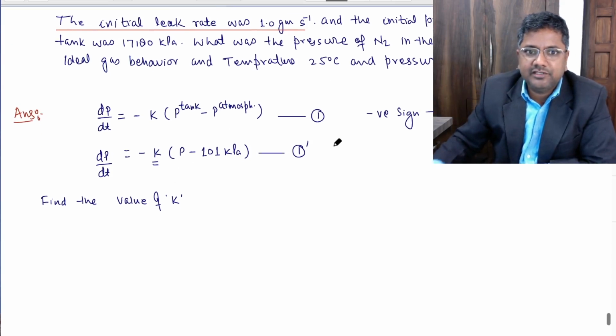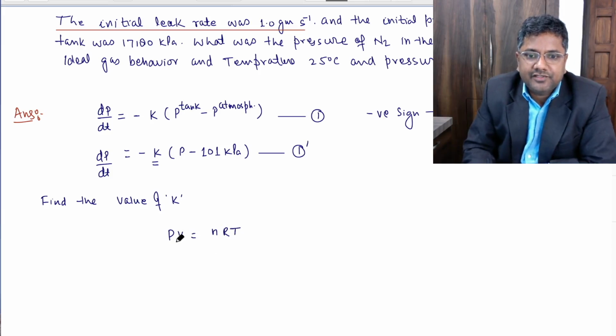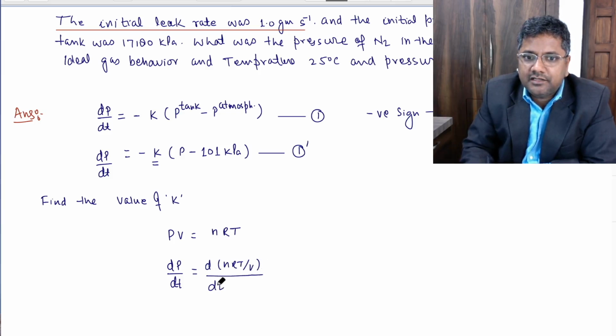By using PV equals nRT, we can evaluate this K. We can differentiate this: dP by dt is equal to d(nRT/V) by dt.